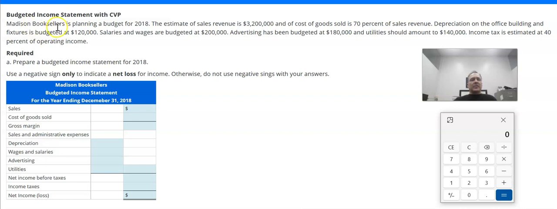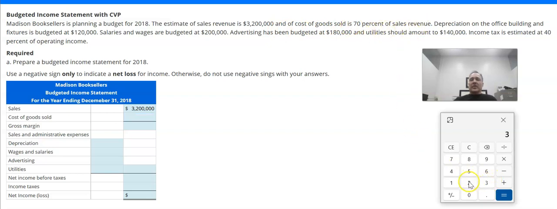It says Madison Booksellers is planning a budget for 2018. The estimate of sales revenue is $3.2 million. Well, a budgeted income statement is an estimate, so all we really have to do here is just drop that figure in. And it says cost of goods sold is 70% of sales revenue.